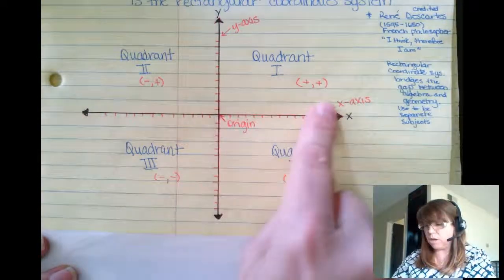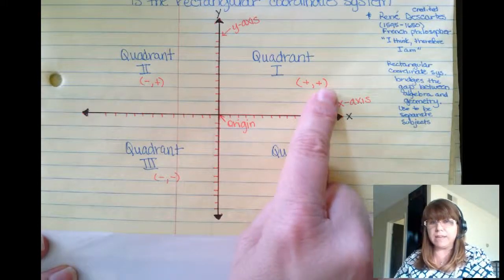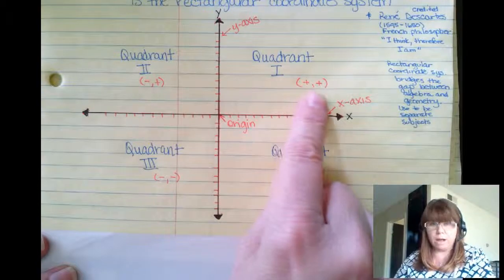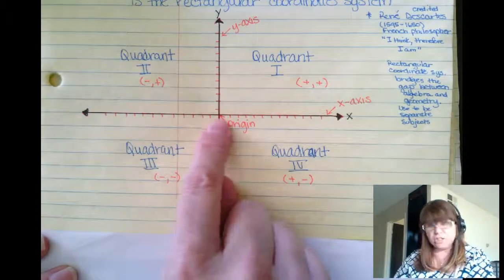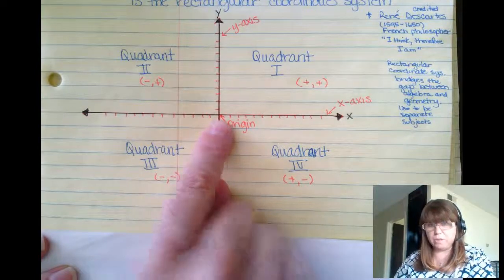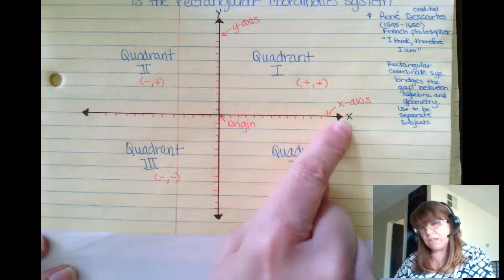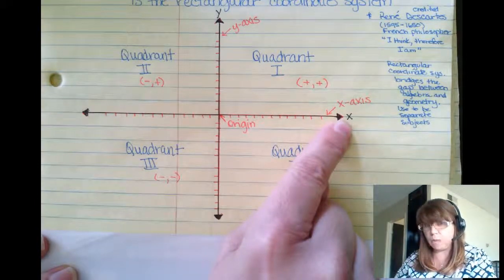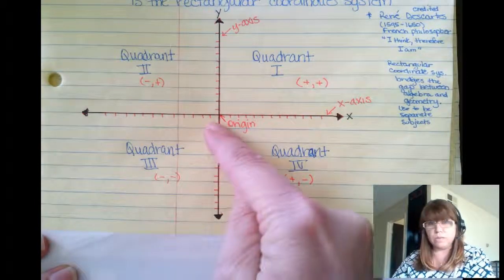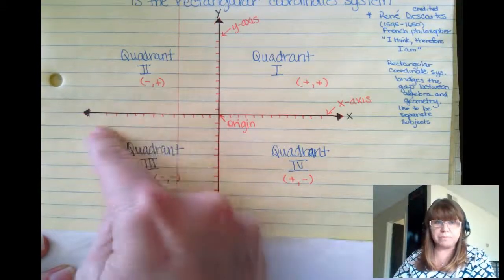The first quadrant, the upper rightmost quadrant, is all the positive x's and the positive y's. If you think of this starting point in the dead middle as 0, if I go to the right, it goes 1, 2, 3, 4, 5, 6, 7, 8, 9, 10. You've seen a number line already. And if we go to the left, it goes -1, -2, -3, -4.